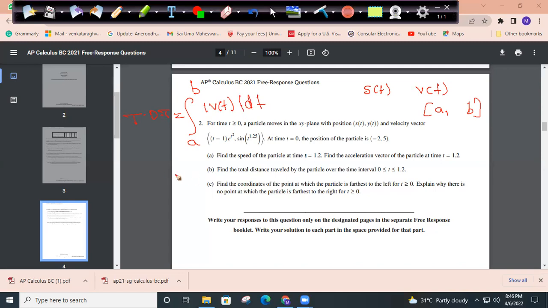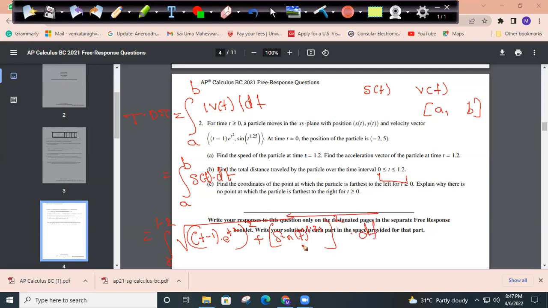Modulus of v of t is s of t. So integral of s of t dt in the interval from 0 to 1.2, where s of t is the square root of (t minus 1) e to the t square, whole square, plus (sine of t to the 1.25), whole square, into dt.